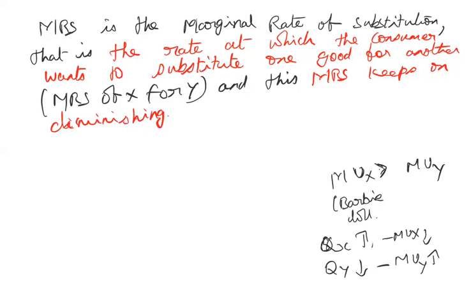So when the marginal utility of Barbie dolls keeps on decreasing, why should she give up more and more units of comic books, for which she finds the satisfaction increasing? So that's normal human psychology. Because of that reason, for every additional unit of Barbie doll, she doesn't want to give up more and more units of comic books.